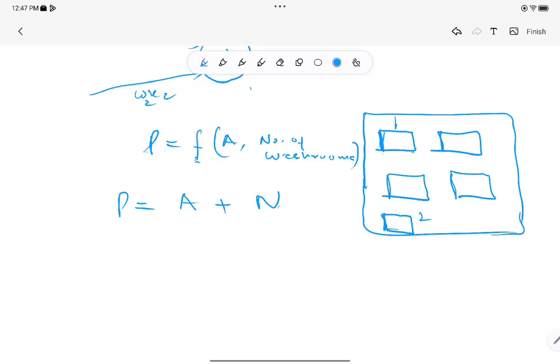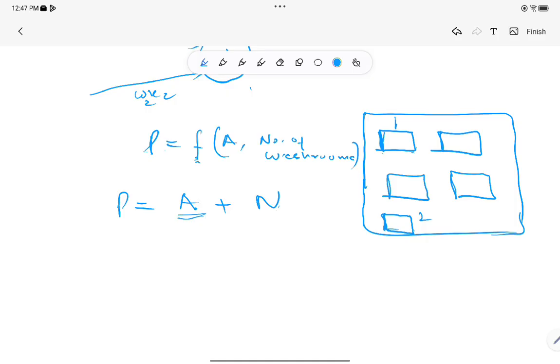If area is doubled, it's not necessary that price will double. Price may be less than double. Price may increase but less than double. It may increase more than double. That is the problem. Why should it increase more than double? Why should it increase less than double?